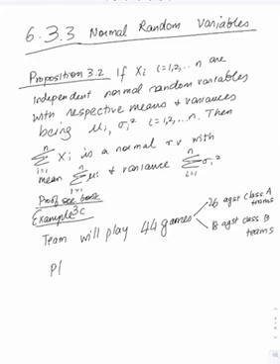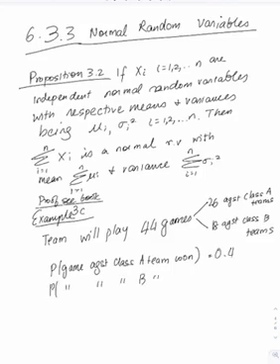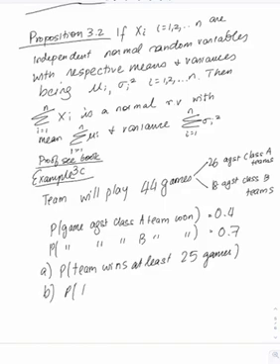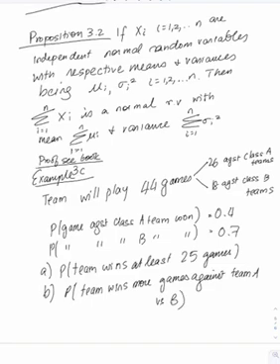The probability that a game against a Class A team is won is 0.4, and the probability that a game against a Class B team is won is 0.7. Part A asks, what's the probability that the team wins at least 25 of these 44 games? And part B asks, what's the probability the team wins more against A than B?